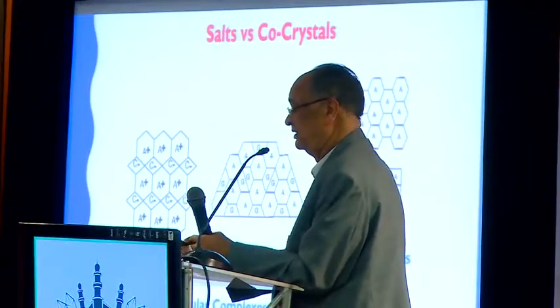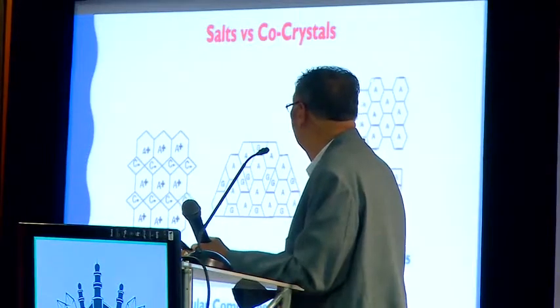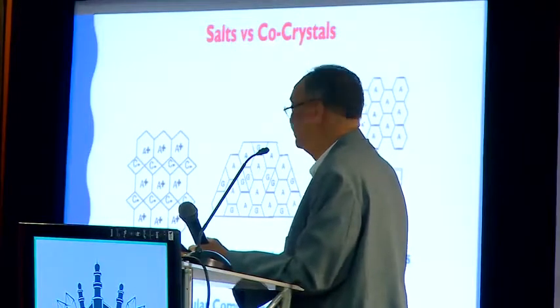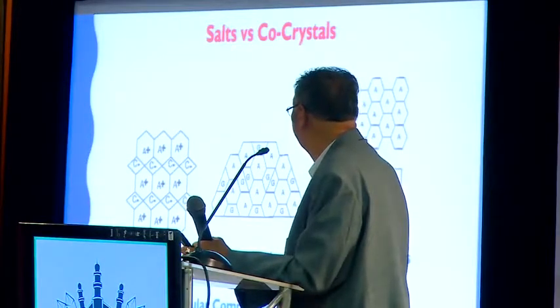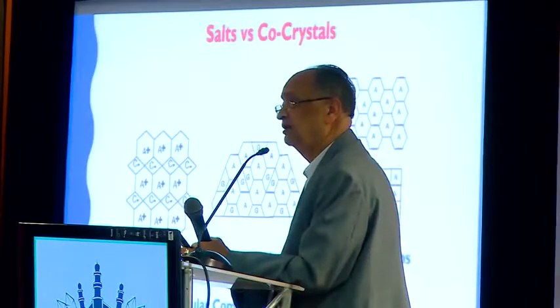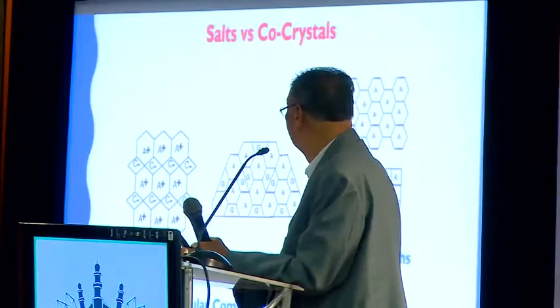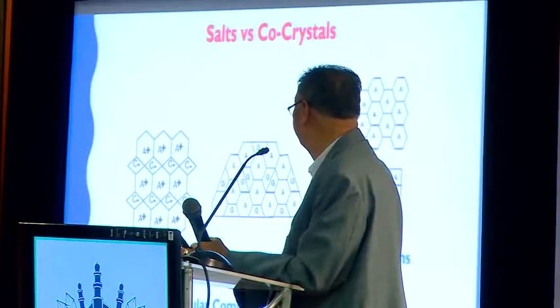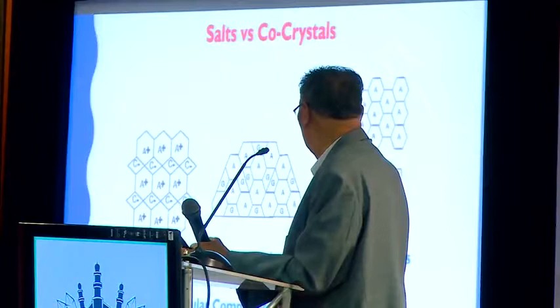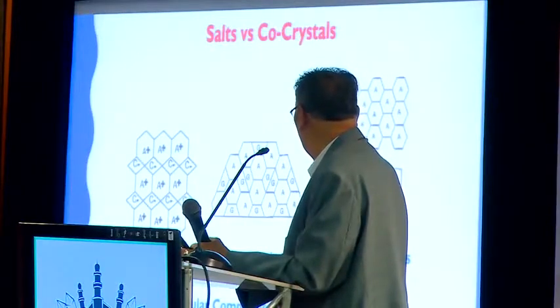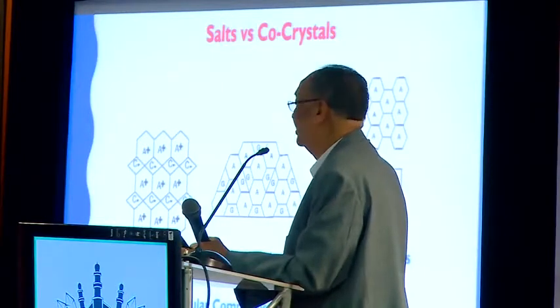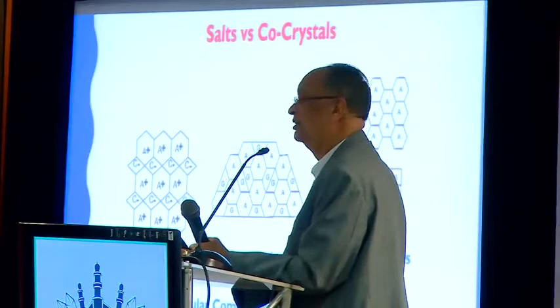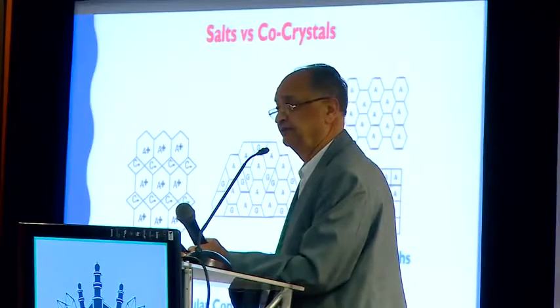Here is a graphic representation of salts, co-crystals and polymorphs. Salts and co-crystals are molecular complexes, whereas polymorphs are different forms or crystal structures of the same substance.